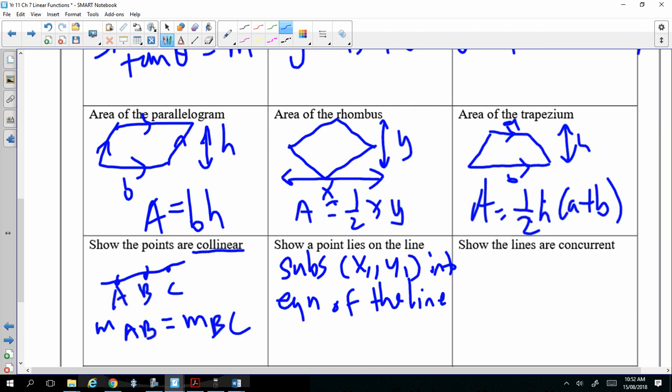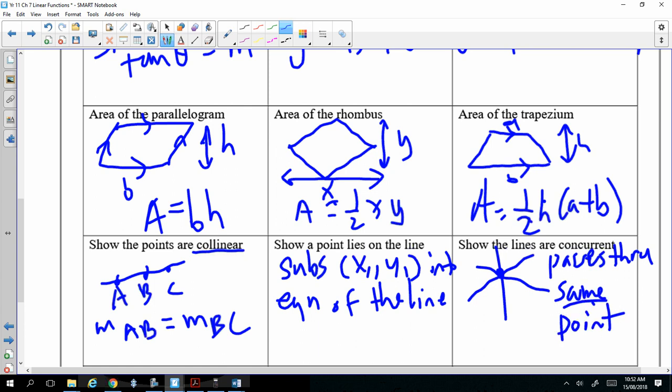And to show lines are concurrent means that all three lines pass through the same point. Okay, good. So that's concurrent, collinear, etc.